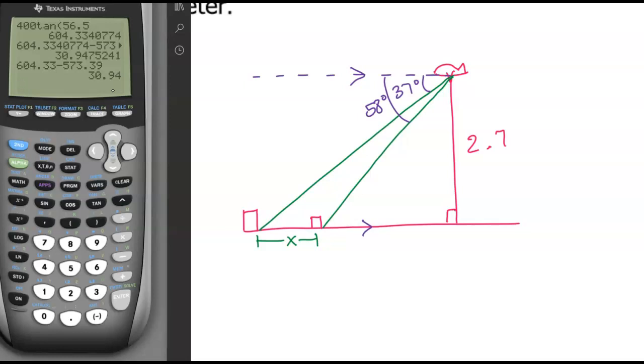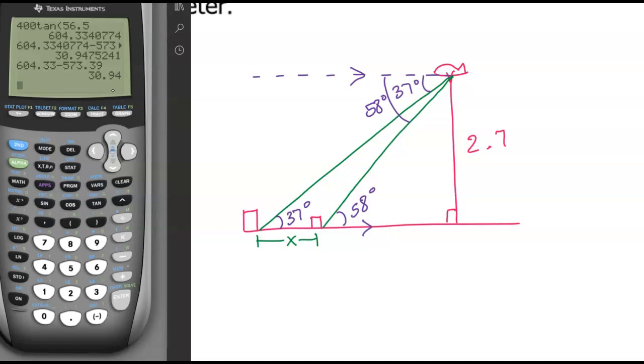I follow that green line down, which, if you remember, is called our transversal in geometry, but you don't need to know that. You follow that line down, and this angle here is alternate interior with that 37, meaning it's also 37. And then that other angle, the bigger angle 58, follow our transversal down, is alternate interior with this angle down here.